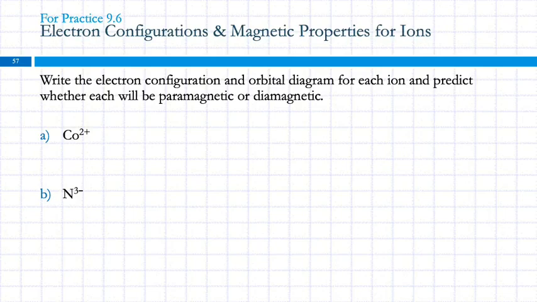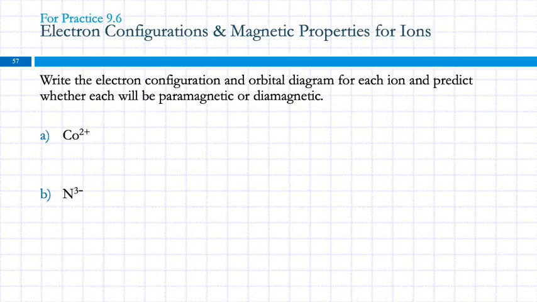Write the electron configuration and orbital diagram for each ion and predict whether each will be paramagnetic or diamagnetic. It is not impossible, but it is much more difficult to predict paramagnetic or diamagnetic from an electron configuration. So we definitely want to look at orbital diagrams here.